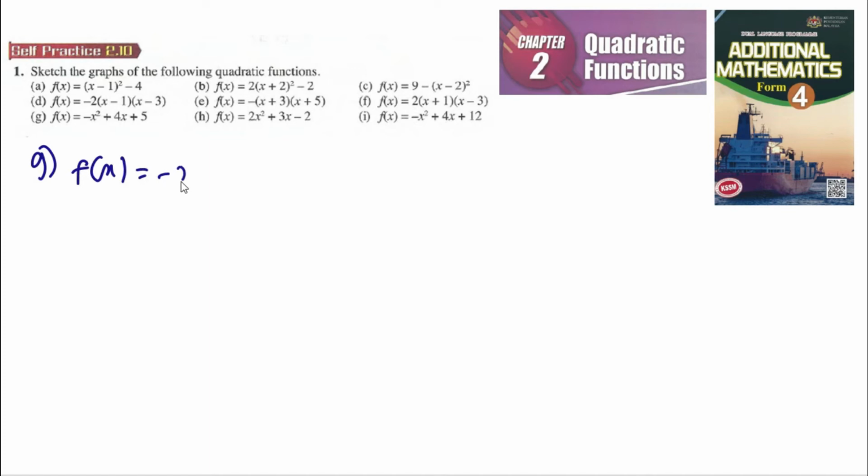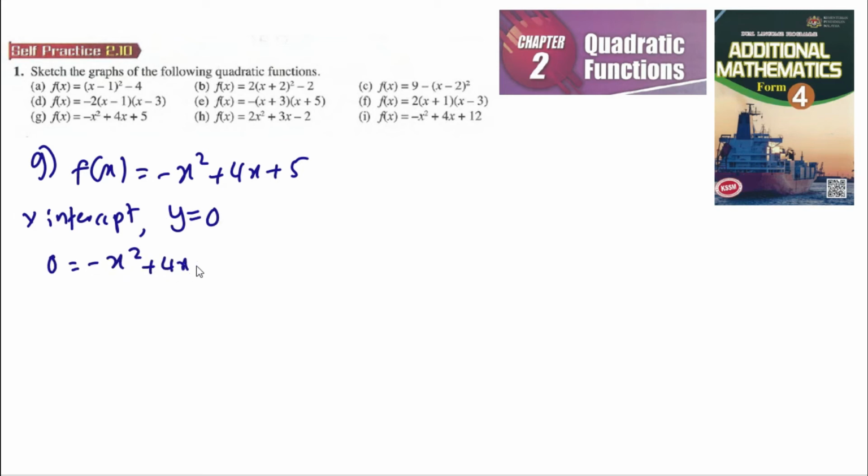f(x) is equal to negative x squared plus 4x plus 5. So for the x-intercepts, y is equal to 0. So 0 is equal to negative x squared plus 4x plus 5. So x squared minus 4x minus 5 is equal to 0.